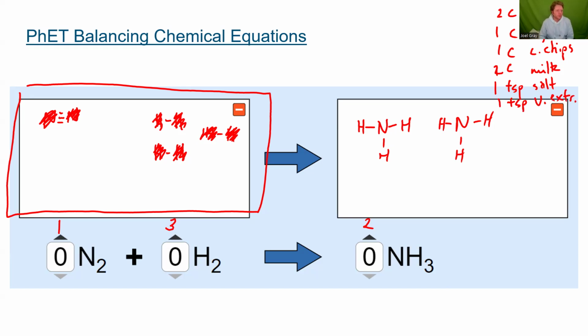Now, think about this as a recipe for cookies, but think about a recipe for cookies as being like a balanced chemical reaction. Would you describe these as your reactants or your products? Add an R for reactants or P for products. Reactants. Because what are our products whenever we're baking cookies?